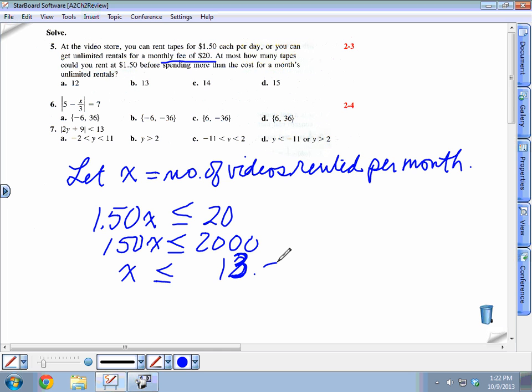So X must be less than 13 point something. I'm not going to worry about the rest of the decimal because I can't rent a partial video. It's got to be a whole number. So what we're talking about is I can rent up to 13 videos and still be less than my $20. So B.